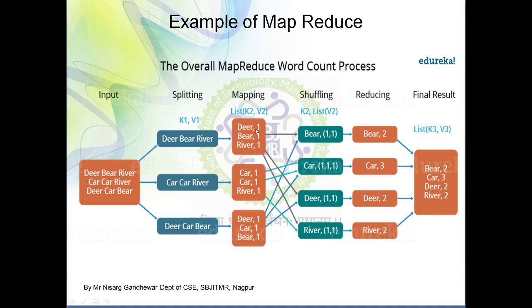That means how many occurrences are there in this particular line. Deer appears once, so it is given 1. Beer appears only once, so 1 is given. River is also present once, so it is given 1. Similarly, the same logic is applied for the rest of the 2 lines: car 1, river 1, deer 1, car 1, beer 1.